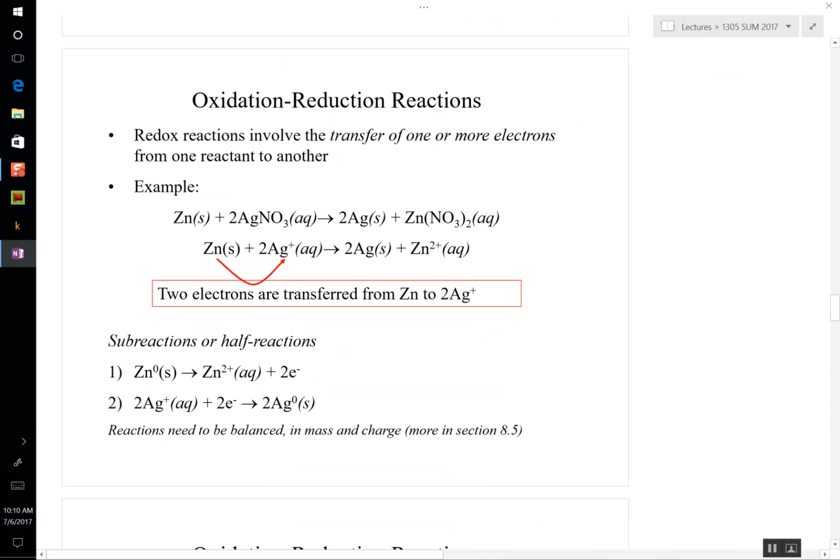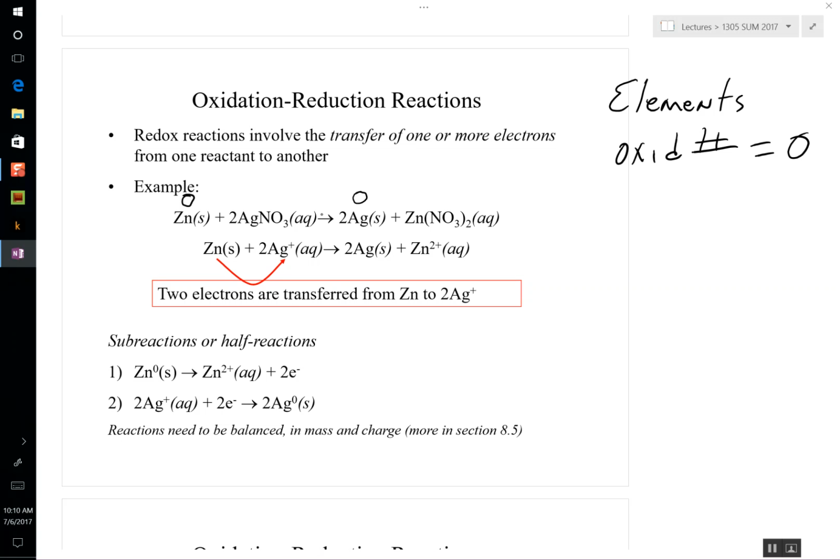So you need to know a few of the rules about charges. Elements have an oxidation number of 0. Any element in its elemental form has an oxidation number of 0. Elemental silver, 0. All right?